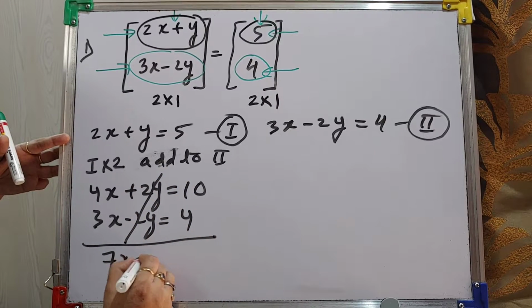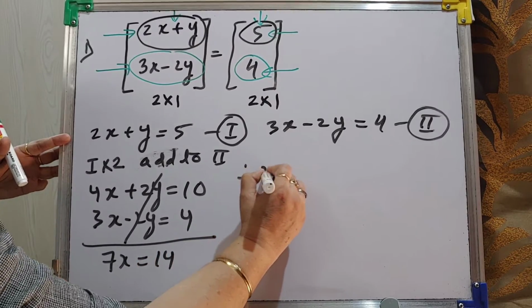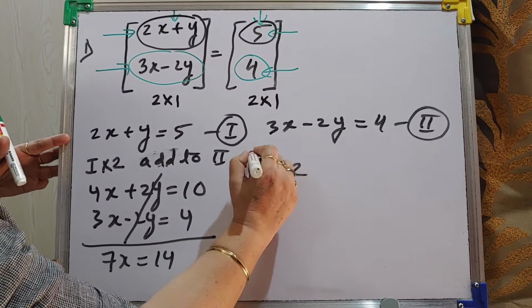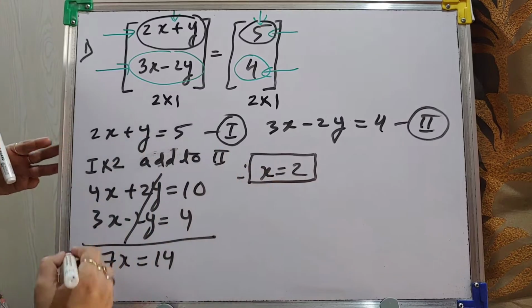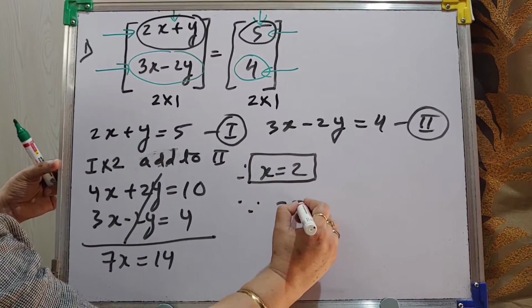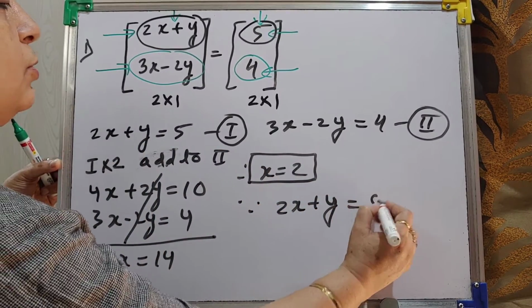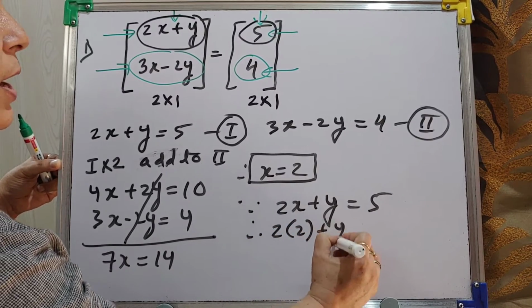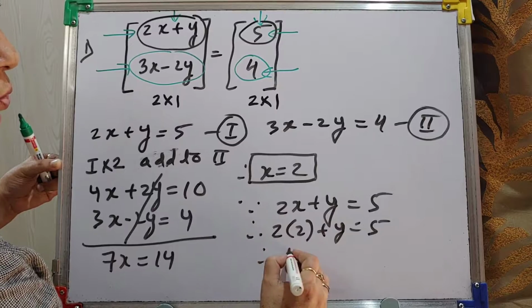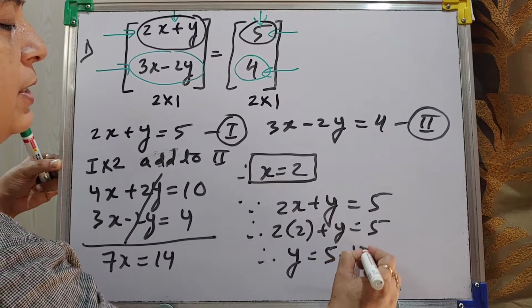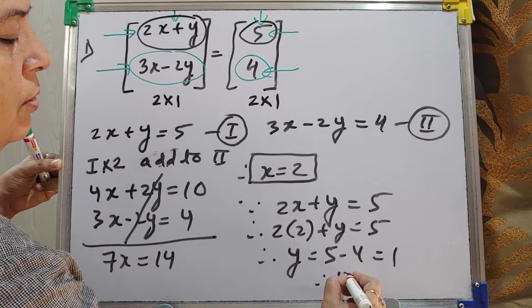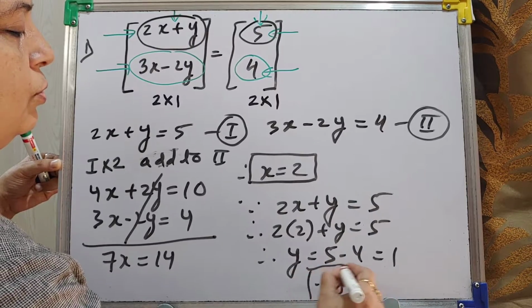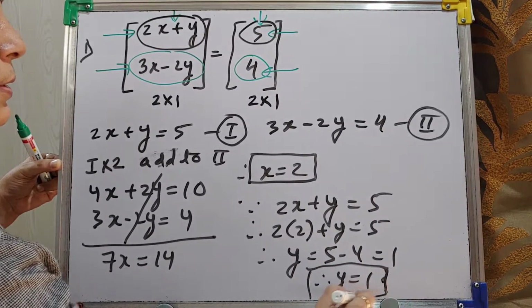So 7x equals 14, so my x will be 2. Now since 2x plus y equals 5, 2 into 2 plus y equals 5. 2 twos are 4. When you transfer that to the other side, your y will be equal to 1.